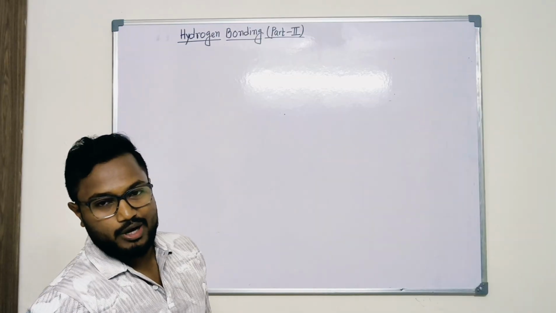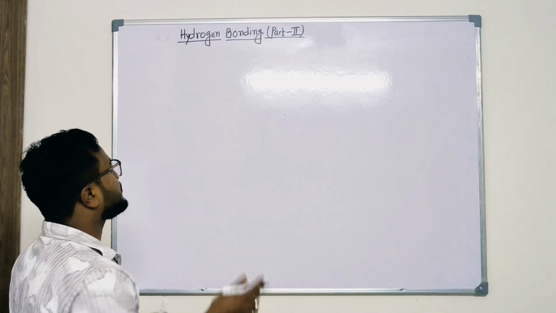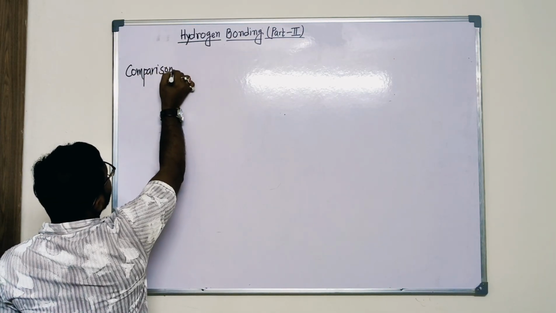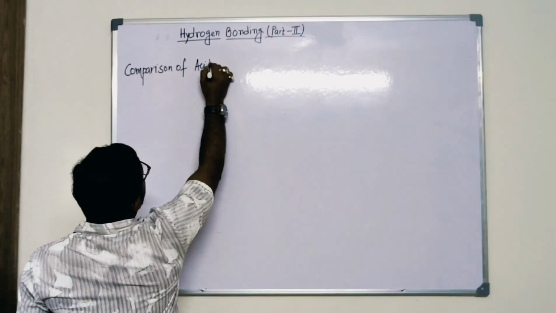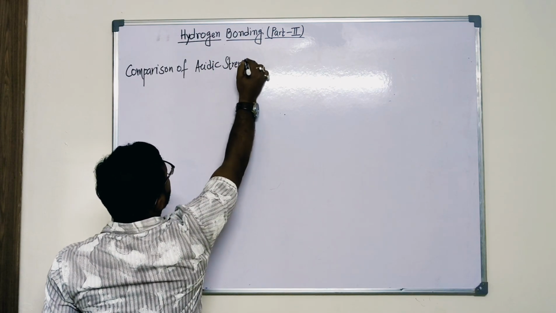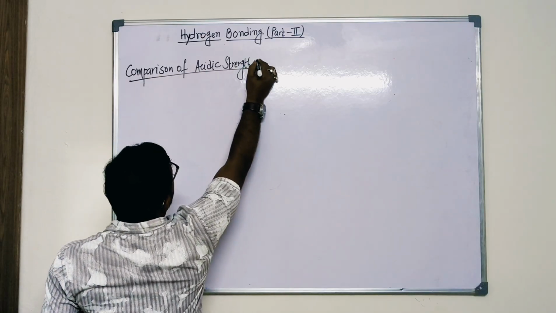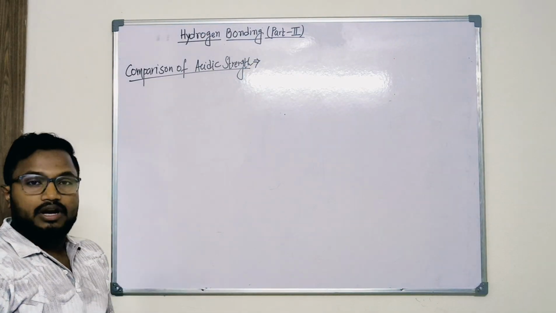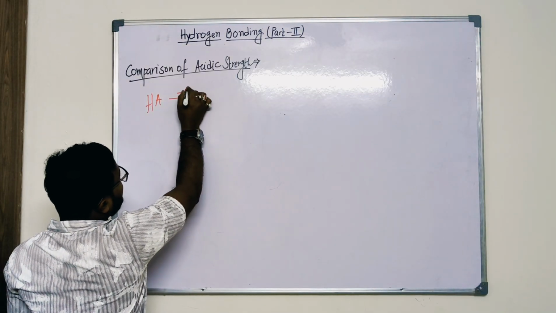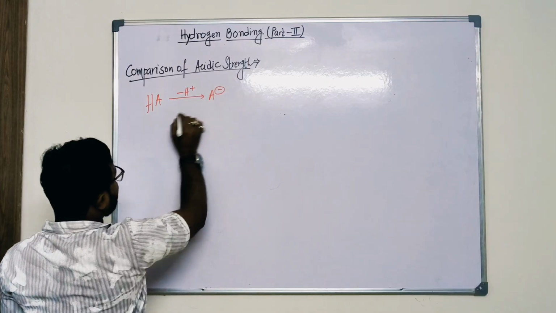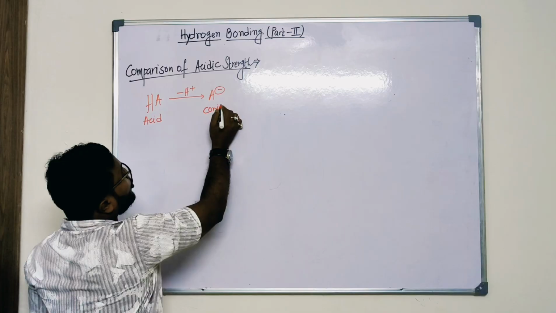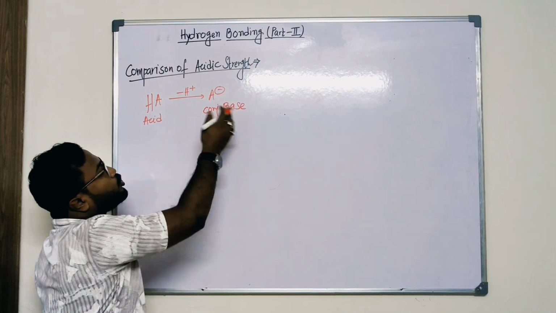Today's last application we are going to take is the comparison of acidic strength. Let's see. For example, we have taken one acid, HA. Minus H plus, it becomes A minus. It is an acid. We know that when H plus is removed, it becomes a conjugate base. So it is the conjugate base of the acid.